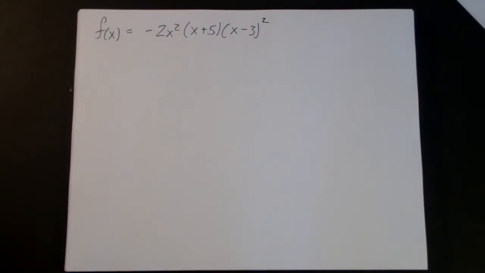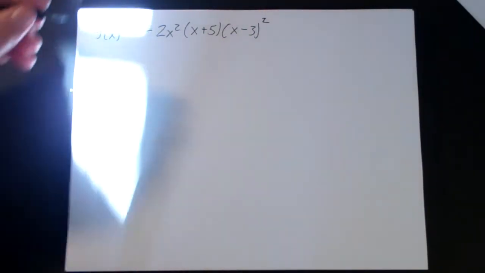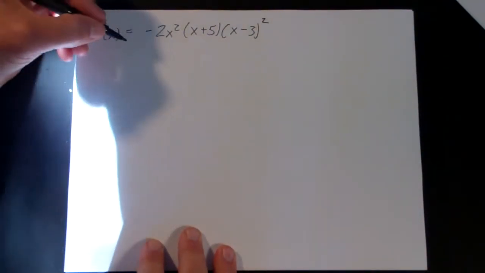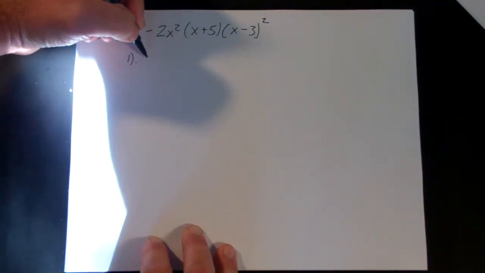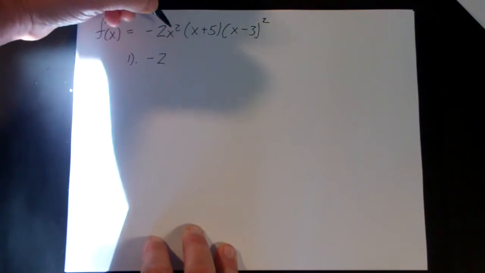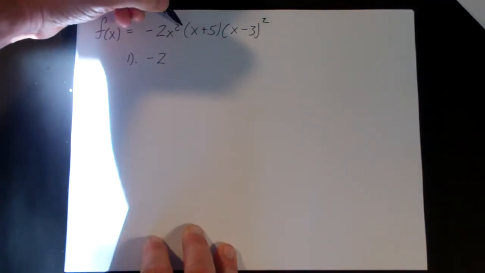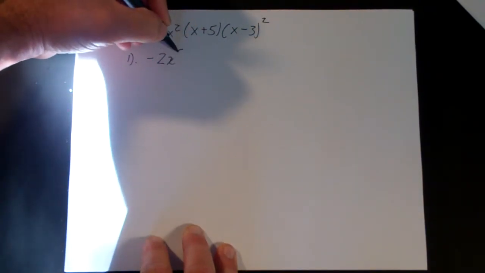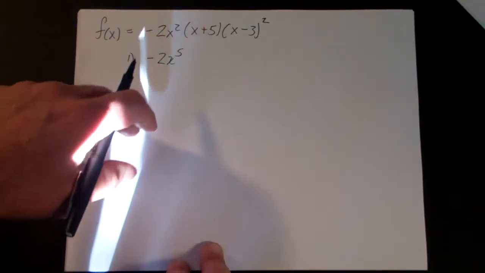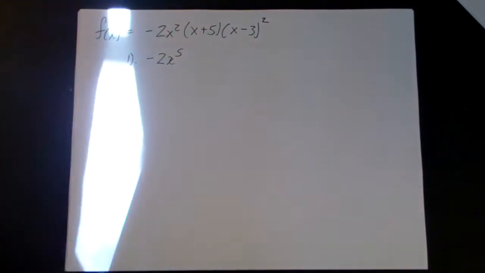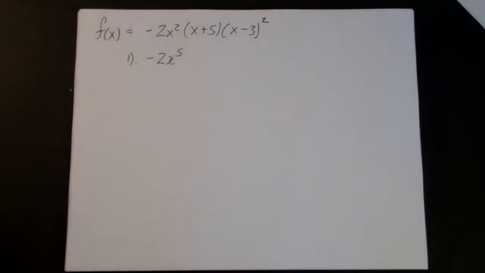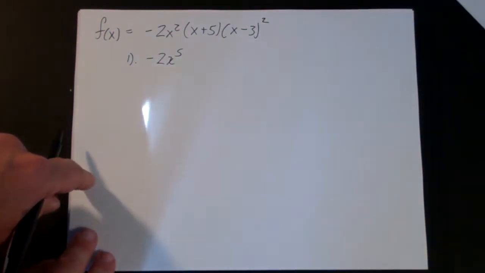So the very first step is to find the leading term. The leading term is going to be minus 2x to the 5th. Here we could multiply this all out to find the leading term, but we actually don't need to. All we need to do is look at each term.